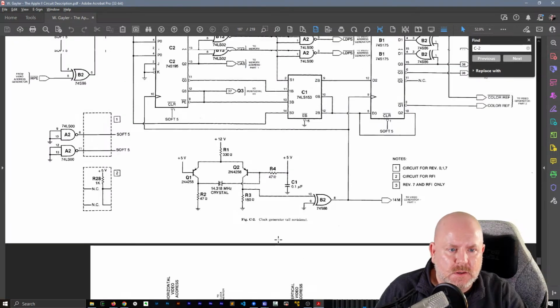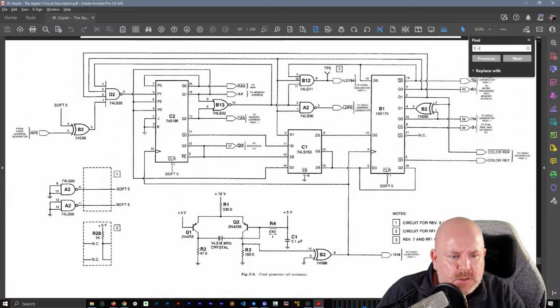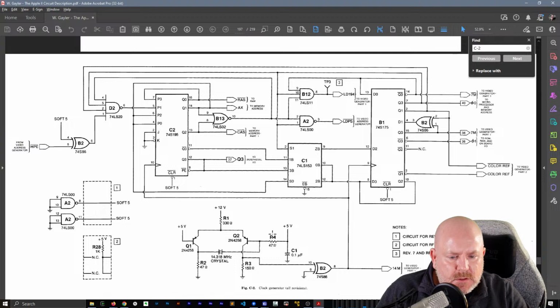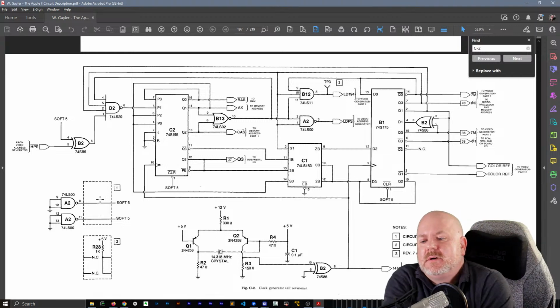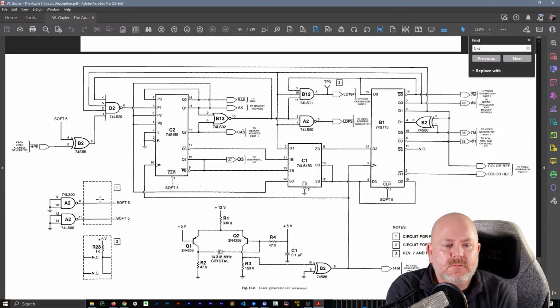There it is. Well, there's C2. So I'm looking for A2 on here. Oh, there it is. Oh, my goodness. Are you kidding me? Are you freaking kidding me? It's just soft 5.